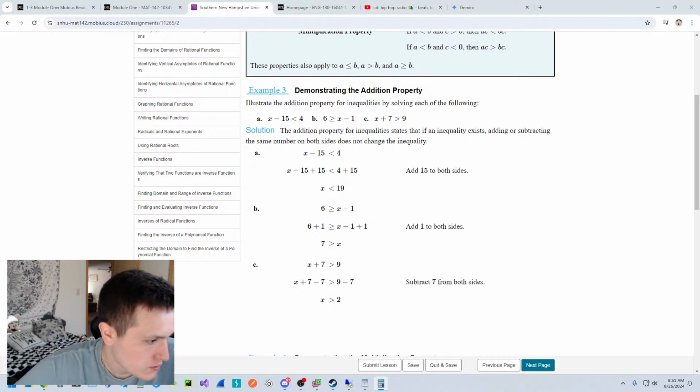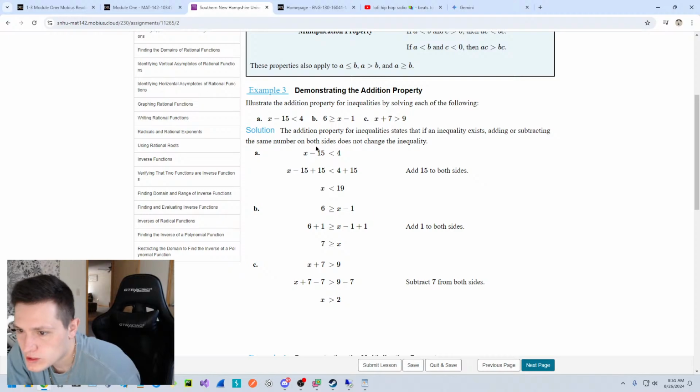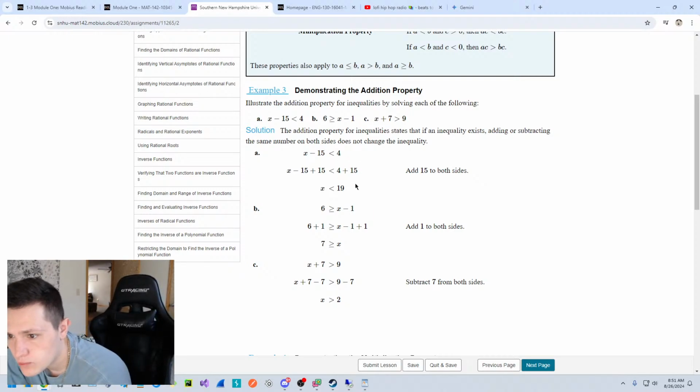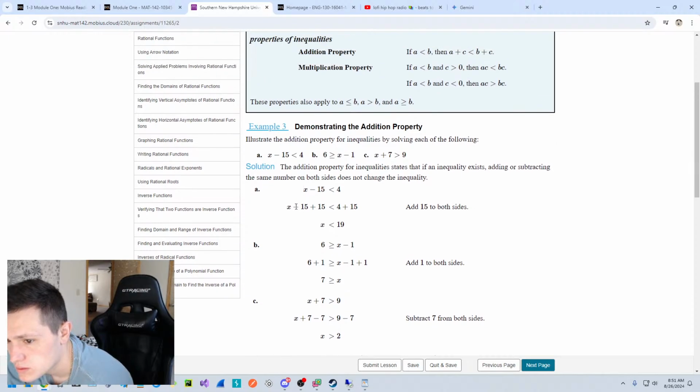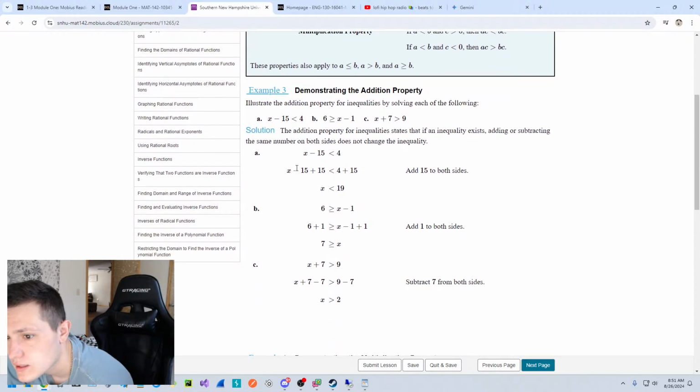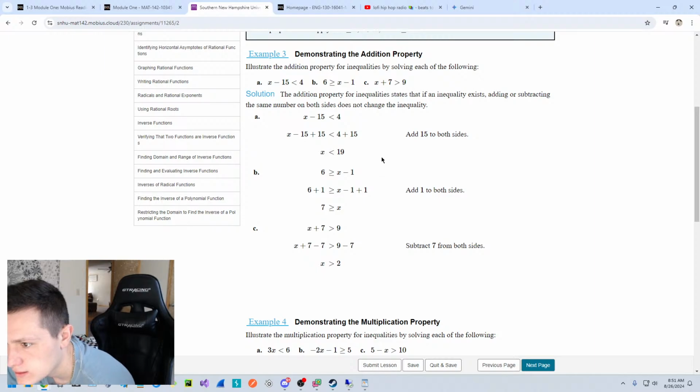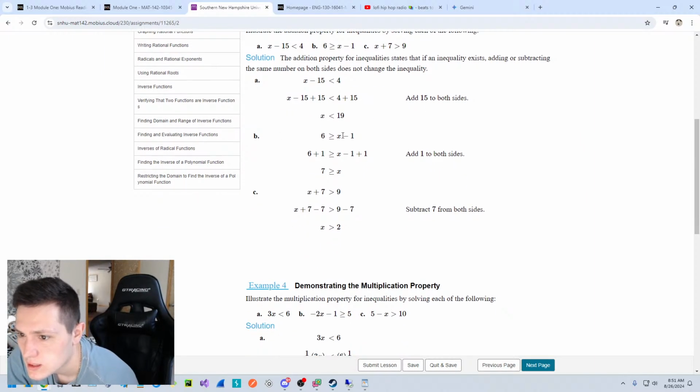I know. Which, that makes sense. And then you would have 4 plus 15, which is 19, so yeah, this is what confused me, because this is left. No, that's that. Okay, yeah, x is 19, so we're just solving, that's it? 6 is greater than or equal to x minus 1.